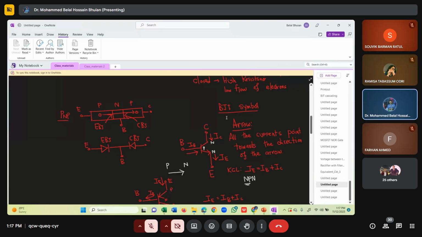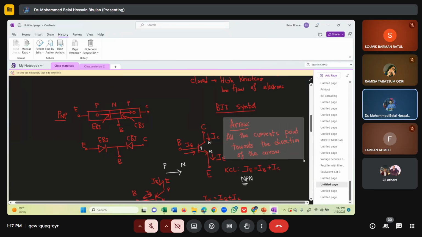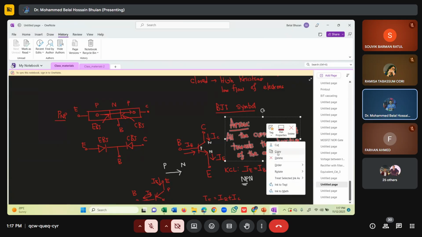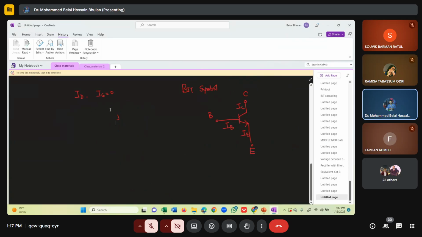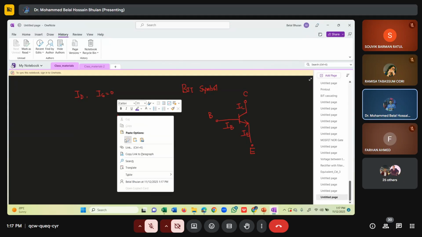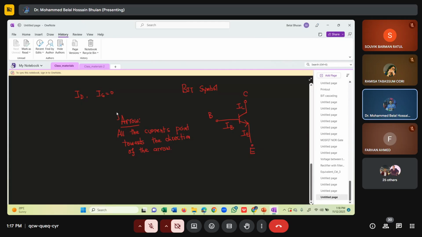All the currents point towards the direction of the arrow. So that means the base current flows in the same direction as the arrow, collector current in the same direction as the arrow, emitter current in the same direction as the arrow.